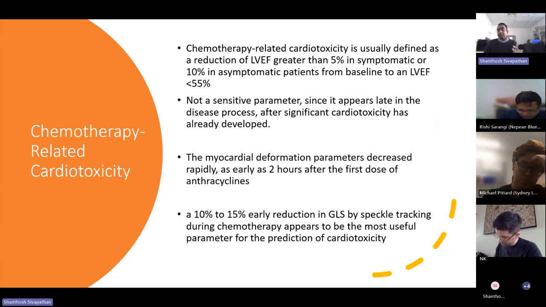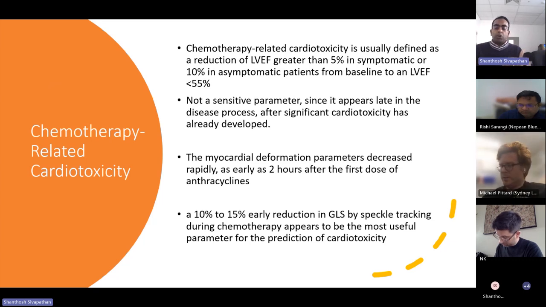In that case, because there's some subclinical dysfunction, we start them on an antifailure medication, either an ACE inhibitor or a beta blocker, and monitor them closely. This helps us prolong the chemotherapy, but also act more aggressively if things start to go pear-shaped sooner, before the ejection fraction goes well below.